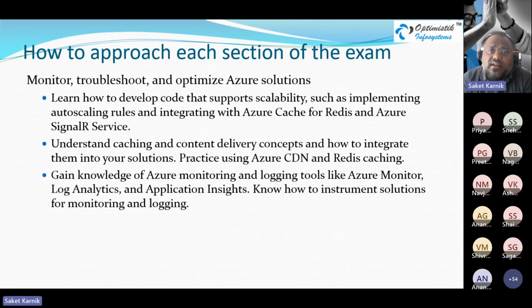Then another thought you have to give is improving your application performance by keeping frequently accessed data always available with caching solutions like Azure Cache for Redis. And if you're looking for real-time, two-way communication with APIs, you can always go for the Azure SignalR Service also.